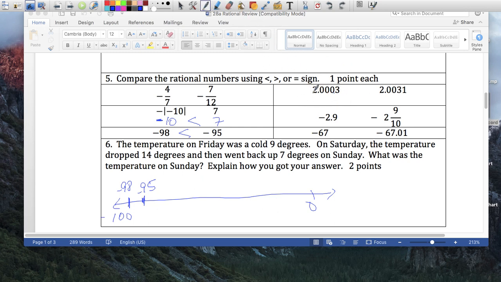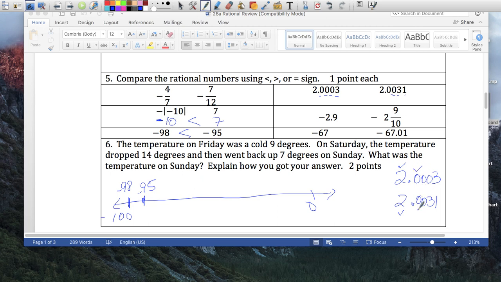2.003 and 2.0031. So do they have the same number of decimal places? 1, 2, 3, 4. I'm going to actually write it like this, and the other one I'm going to write right under it, decimal under decimal, 0, 0, 3, 1. So when comparing, we can't compare the 2's because they're tied.